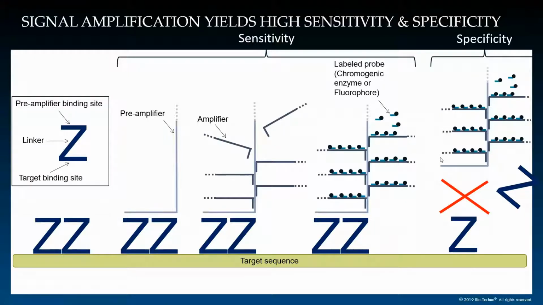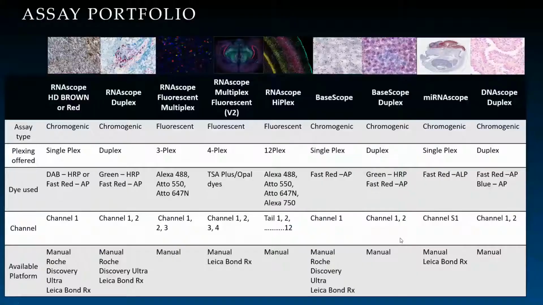This ensures high specificity of detection, giving a high signal to noise ratio. Overall, we have expanded our portfolio to incorporate different plex levels based on your research question. You can perform single plex or up to 12 plex for FFPE tissues and 48 plex for fixed and frozen tissues.